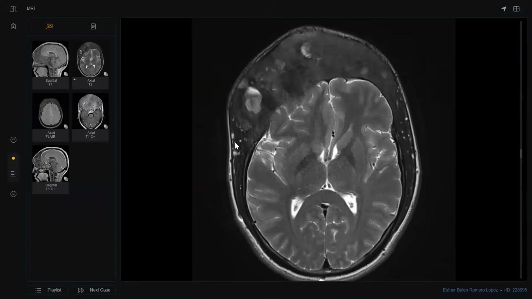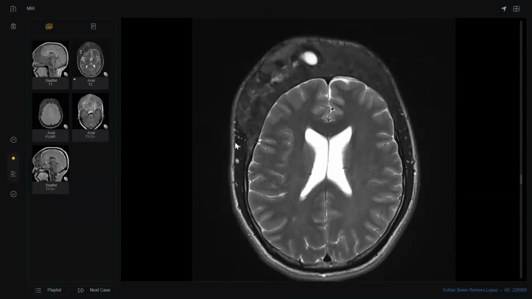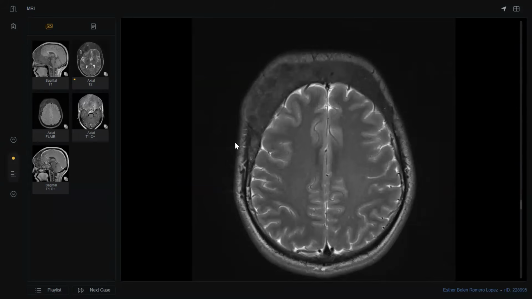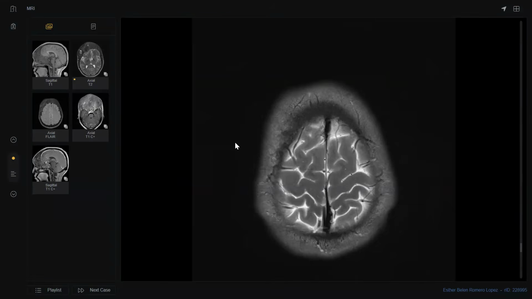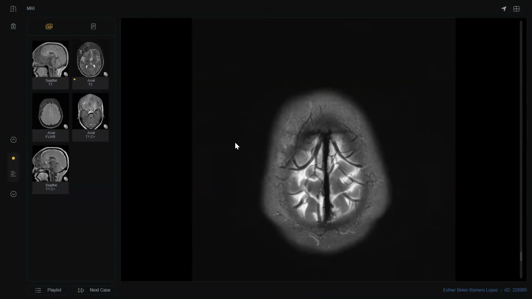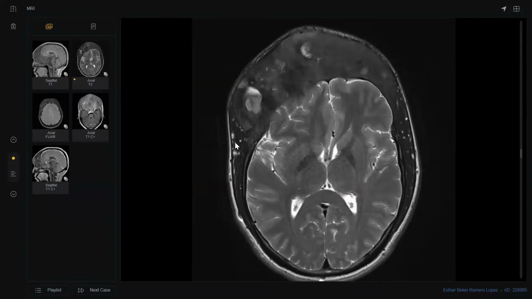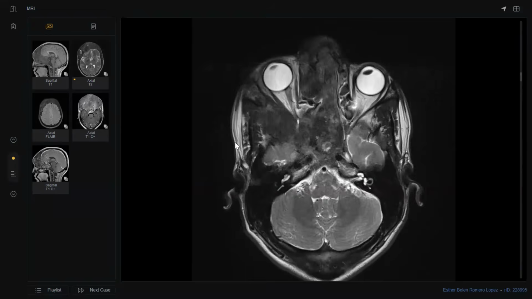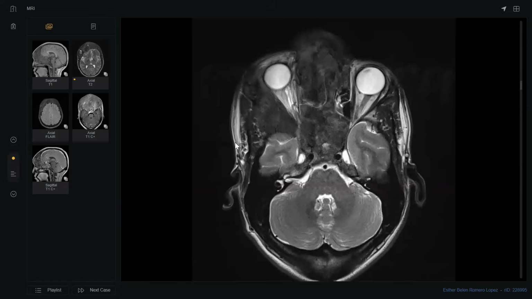It also encroaches on the base of the skull at the level of the pituitary gland, so it's probably also compressing the optic chiasm. I can't see any evidence of bone fracture. This is better assessed on T1 weighted images, but also here in T2, I can't see any features of fracture.